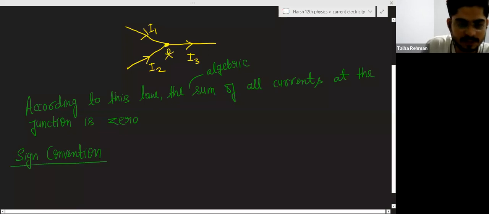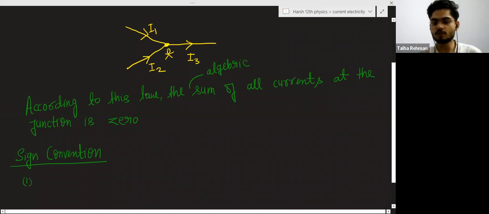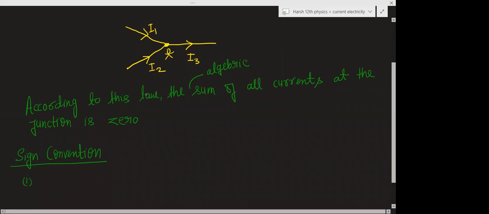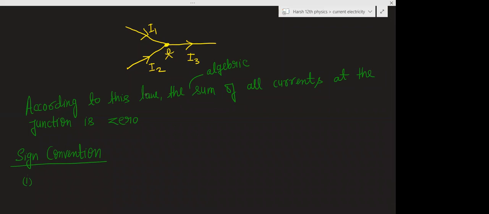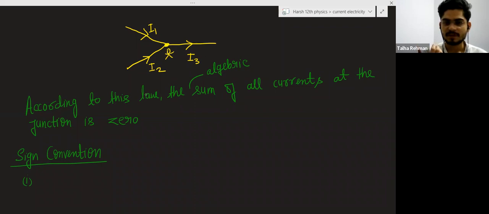For the sign convention, number one, if the current is coming towards the junction, if the current is entering the junction, then you will take that current as positive.